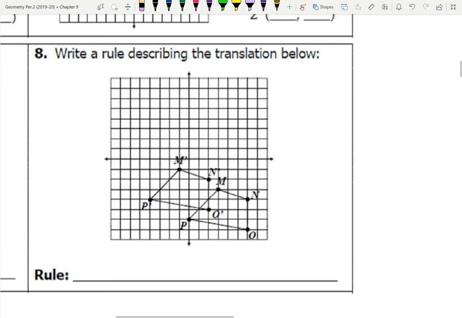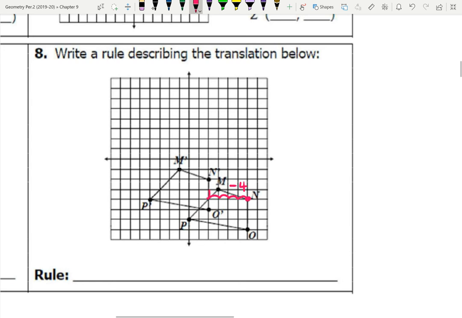So let's see how many spaces it moved. I can see it went left and up, but again, I want to be certain, so I'm going to take a point, any point. I'll take N, for example. Here's my pre-image. And let's see, 1, 2, 3, 4. So it moved 4 spaces left. If you remember, left means we went negative 4 spaces.